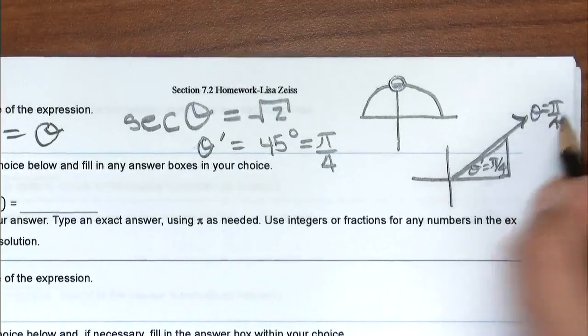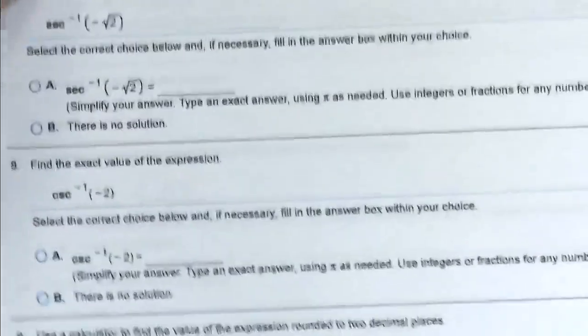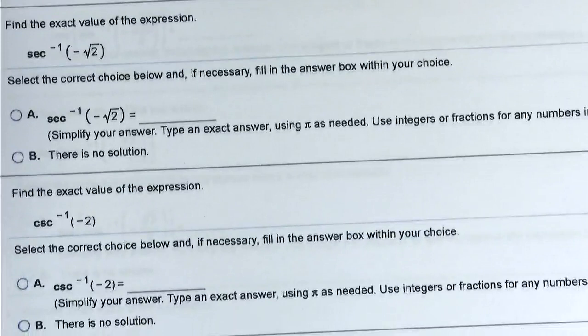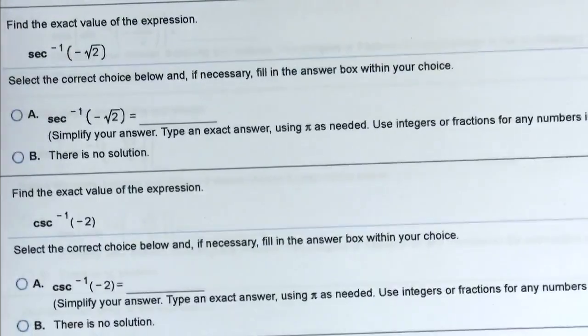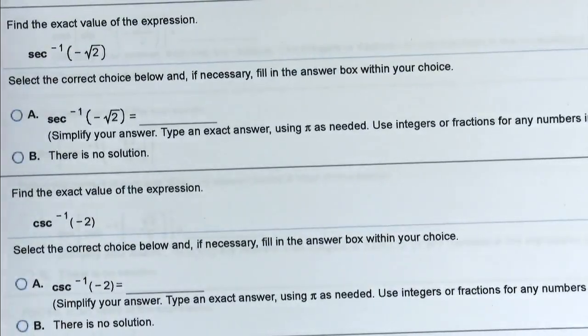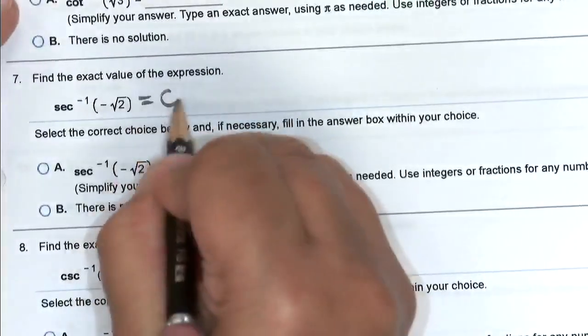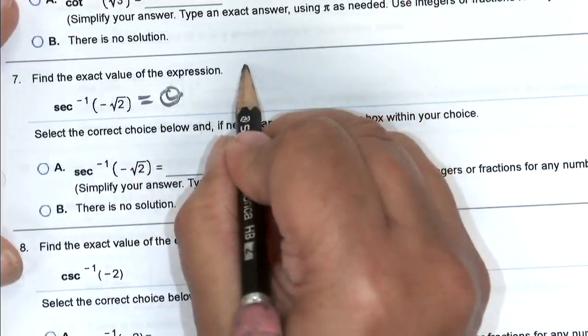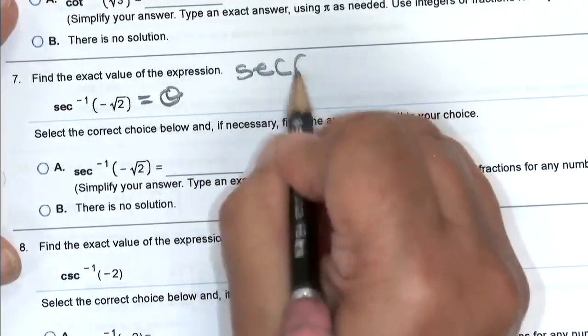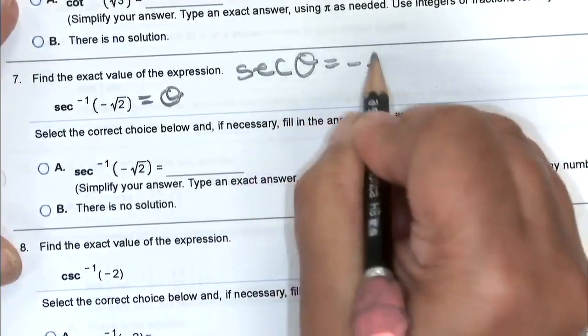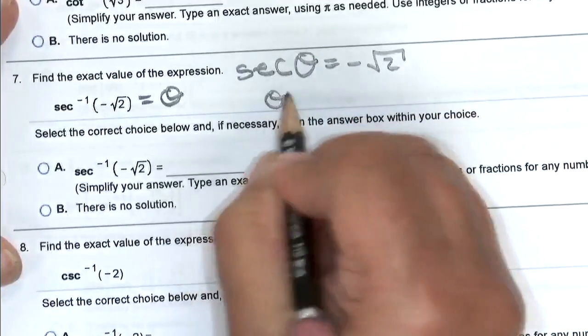Let's go on to one that's negative. How about 7? Let's go to 7. Slight difference, but we can still cut some steps out. So let's see. We're doing secant of theta is equal to square root of 2 again.